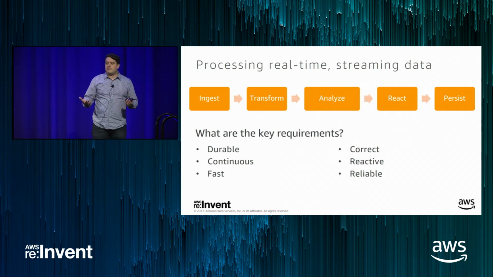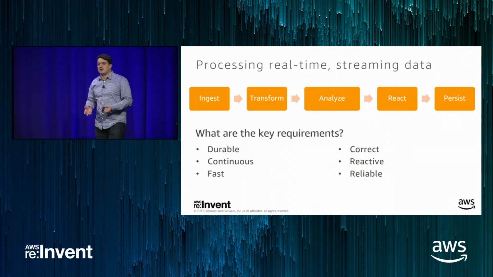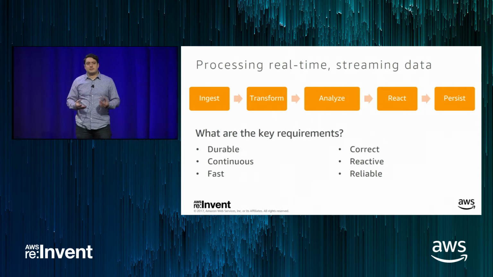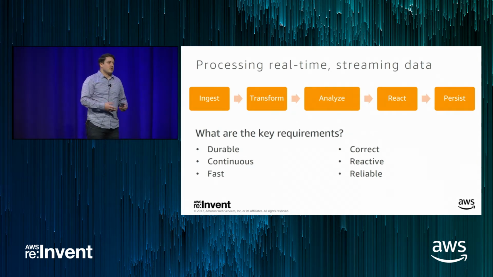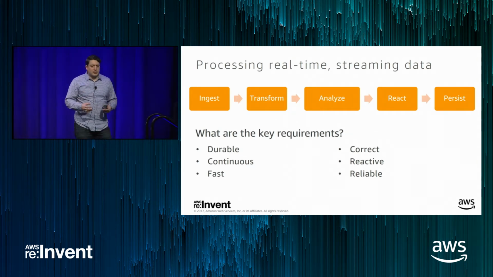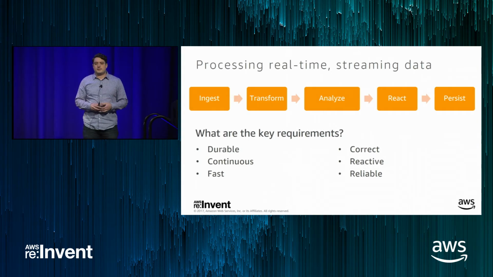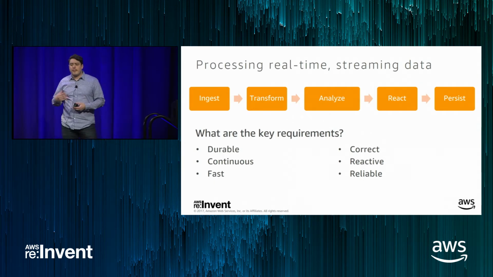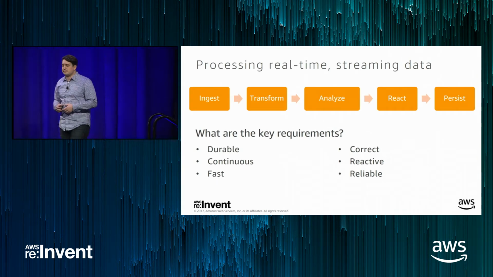When we talk about falling behind, I want to make sure that I'm processing all the events as close to as they occurred as possible. So I'm ingesting them in real time, I'm processing them in real time, typically with seconds or sub-second latency. So how do I do that at scale? A set of Amazon Kinesis services makes it easy for you. We make parallelization easy, so you can spin out a number of threads. We'll go into a little bit more detail of how the services make that easy to do.